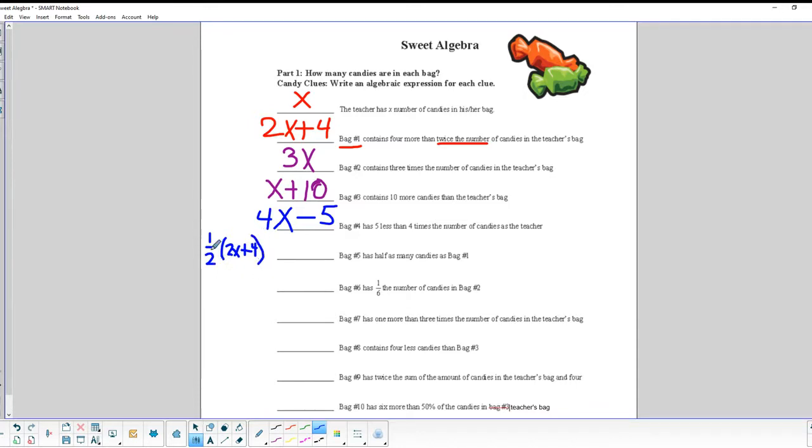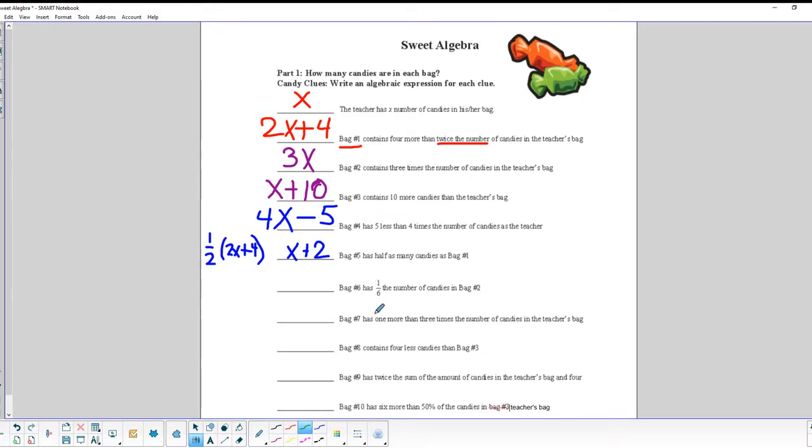Let's use the distributive property. What's 1/2 times 2? Well, half of 2 is just 1. And what's 1/2 times 4? Well, that's just 2. So this expression will just end up being x plus 2. So don't let them throw you off, even if they have a little different wording on them.